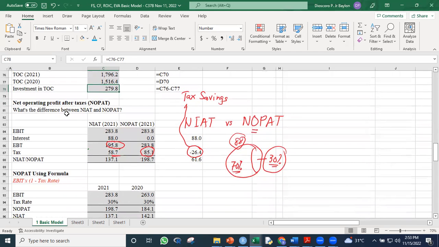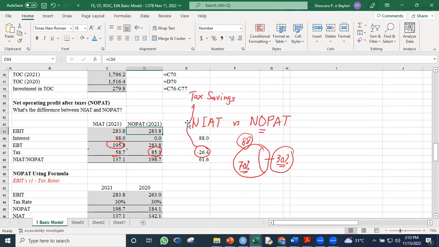Then we looked at the concept of net operating profit after tax. As far as operations is concerned, this is very important because they would not want to be assessed based on net income after tax. And why is that? Because in order to arrive at the net income after tax, you have to subtract interest, and we said that interest is not the responsibility of operations.